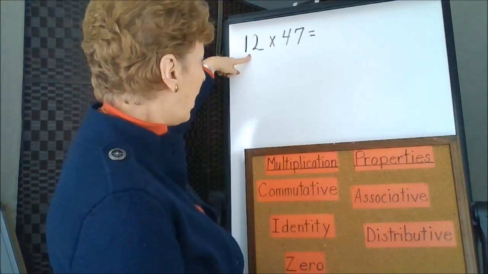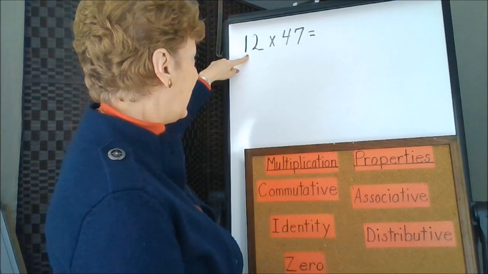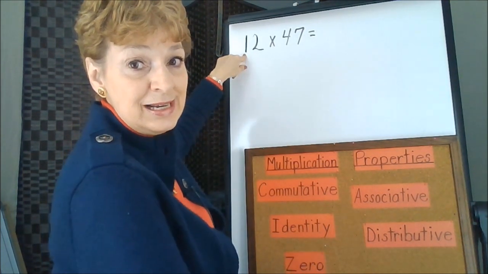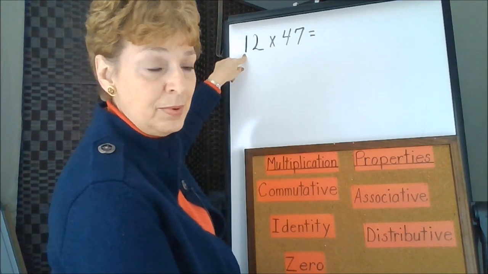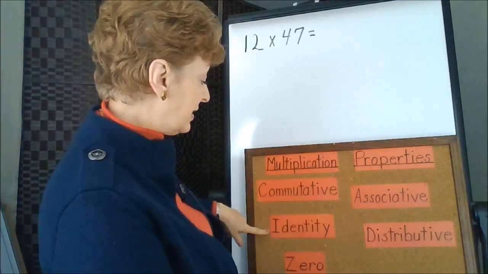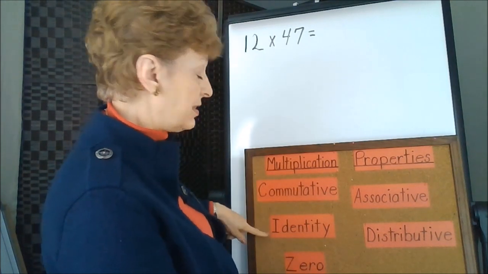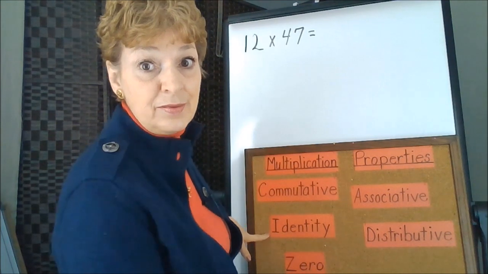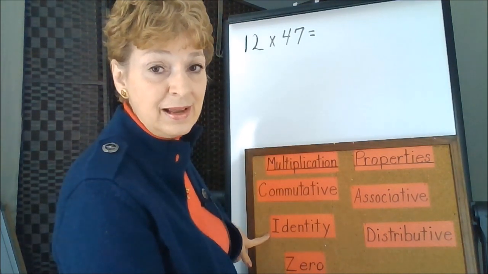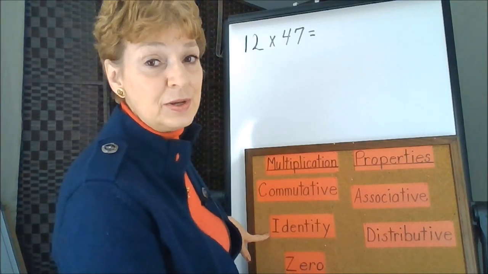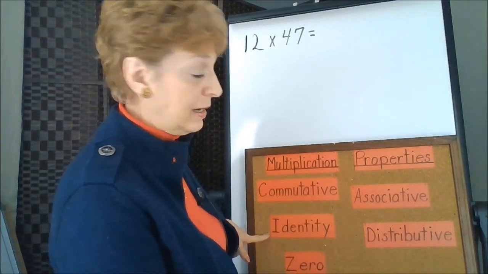When there's a 1 in the problem, anytime you multiply anything times 1, it's very easy. You just have to copy the other number. That's what's called identity. The identity property of multiplication says if you multiply 3 times 1, it's 3. And if you multiply 3,033 by 1, you get 3,033.